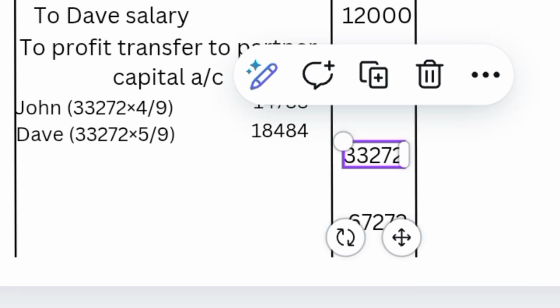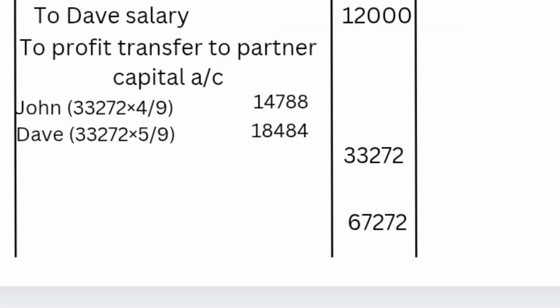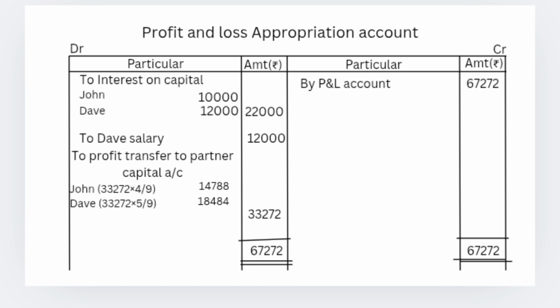So John's profit is 14,788 and Dave's profit is 18,484. Hence it is proved.